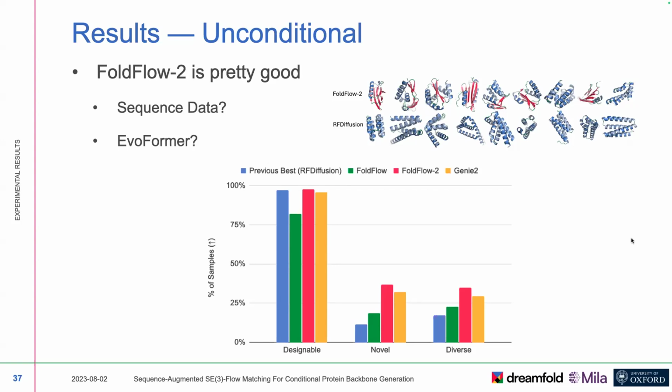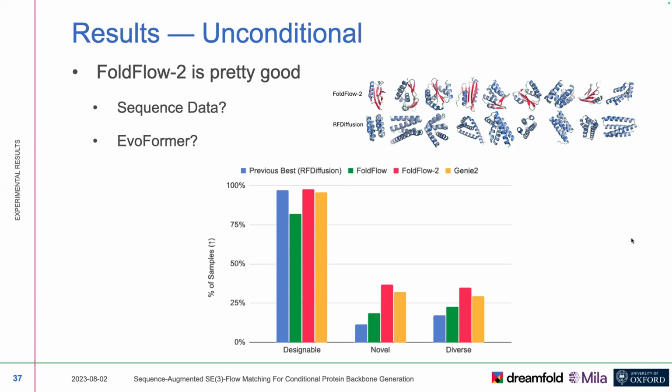Another intuitive way to think about it is that to the extent that the information in ESM2 is distilled into the weights of FoldFlow-2, because remember, we don't have the ESM2 representations at unconditional generation because we completely mask the sequence. But during training, 50% of the time, those representations are seen. And so it's possible, or maybe intuitive, that some of that information is being distilled into the weights of the FoldFlow-2 network. And ESM2 has seen many orders of magnitude more proteins than we have structures for.